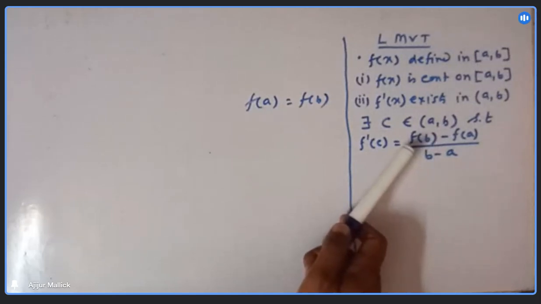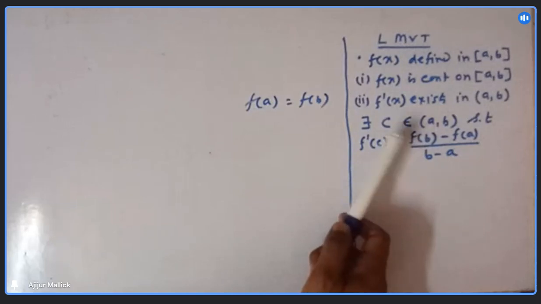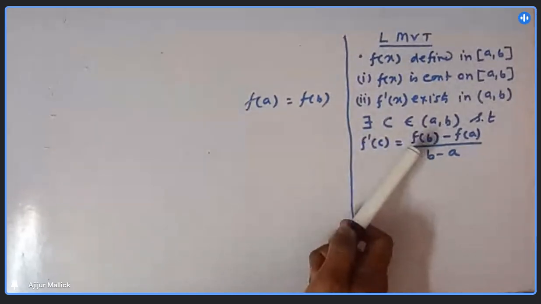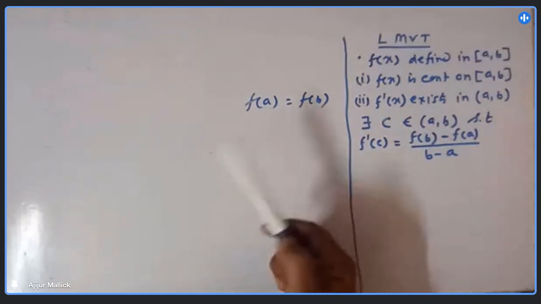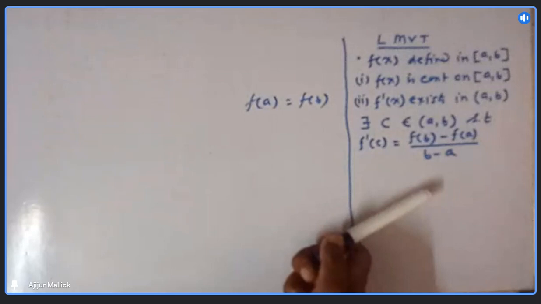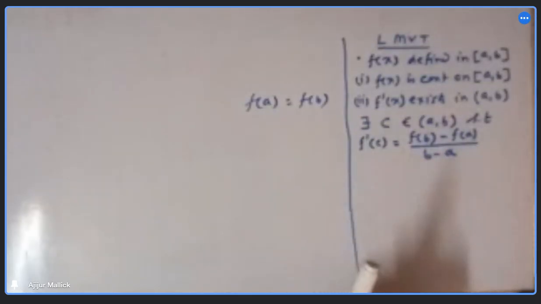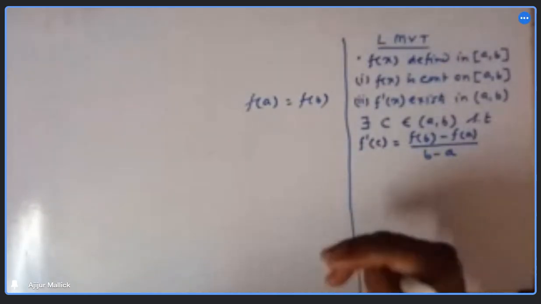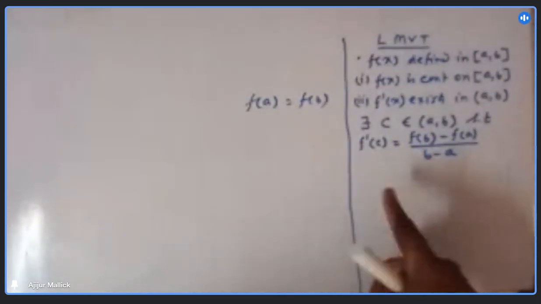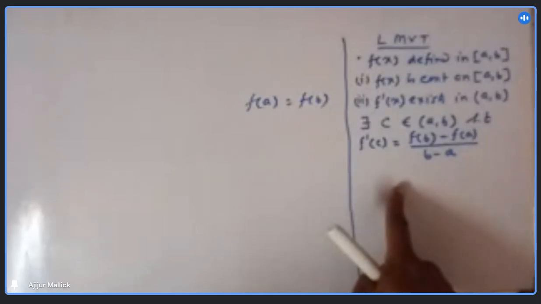In the Lagrange mean value theorem, f of a may or may not be equal to f of b. If f of a is equal to f of b, then this theorem reduces to Rolle's theorem. Is it clear, students, what I want to say? Yes, sir.